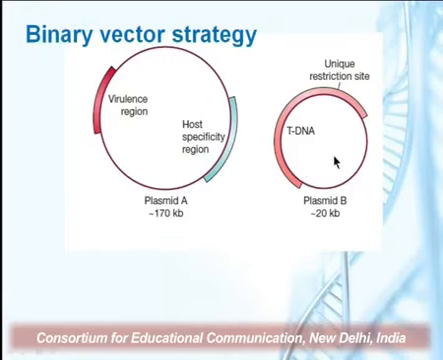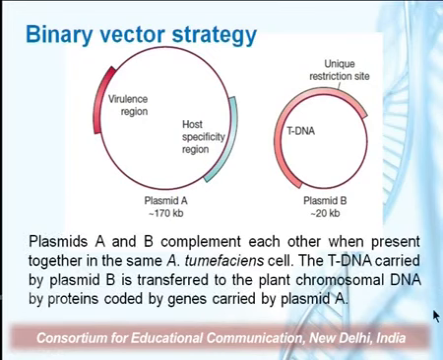Both vectors can then be introduced, because these products will help the tDNA-containing plasmid to be introduced into the plant cell. So plasmids A and B complement each other when present together in the same cell, and therefore the tDNA fragment carried in plasmid B can contain a large amount of foreign DNA as well as unique restriction sites where the DNA can be cloned, and plasmid A helps the infection to occur and the transformation to take place.